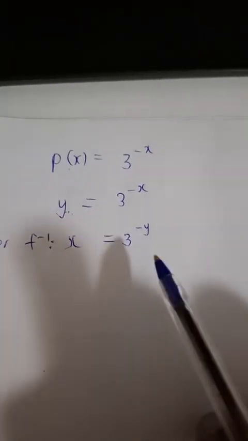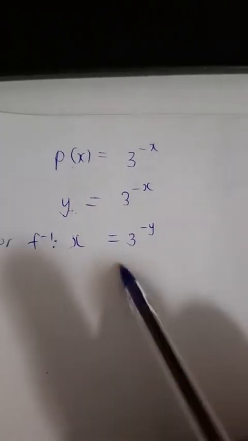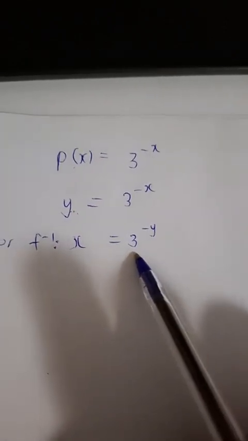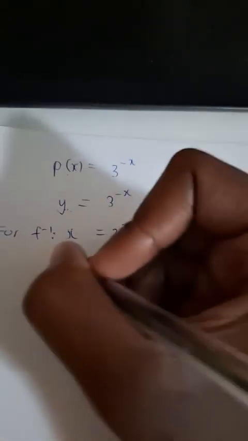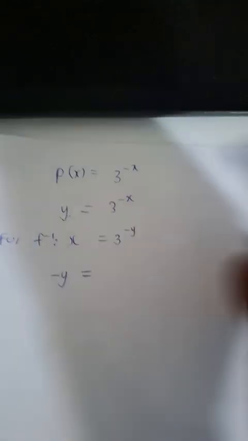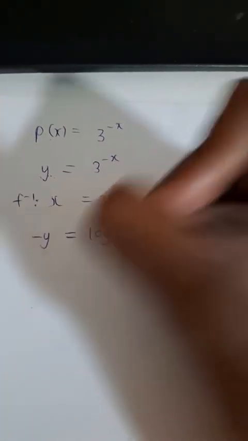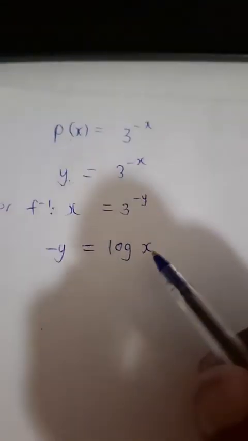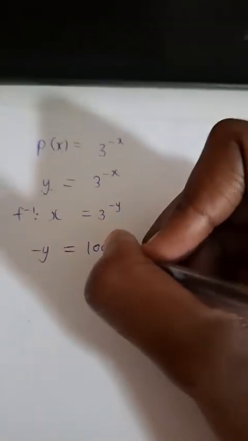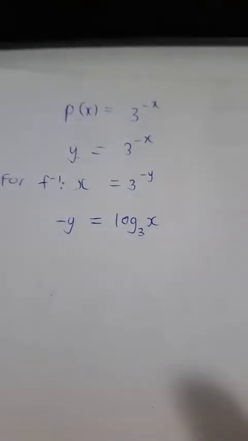So the next thing we are going to do now is express this exponential function in log form. So we want y the subject, so obviously the exponent negative y becomes the subject, followed by what? By log. And then this x becomes log x next to the log, and then the base was 3, so the base is still what? 3.